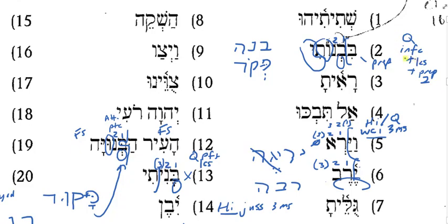That's the way I'd parse this from bana. So in my act of building, which is to say, if the bet is temporal, when I build or built, but we don't have any context to know whether it's past or not, right? So when I build or when I built. That's the form there. Does that make sense? Okay, good.